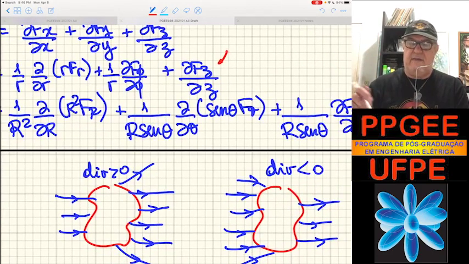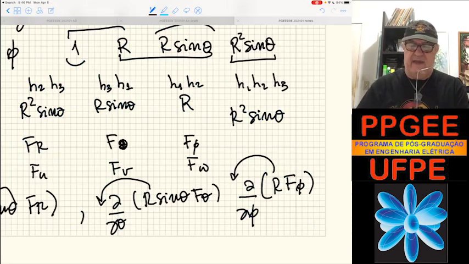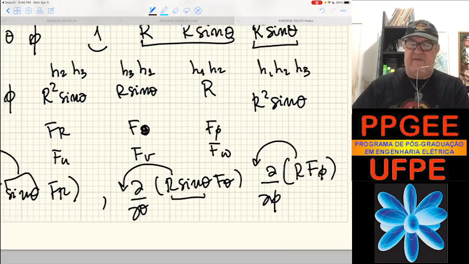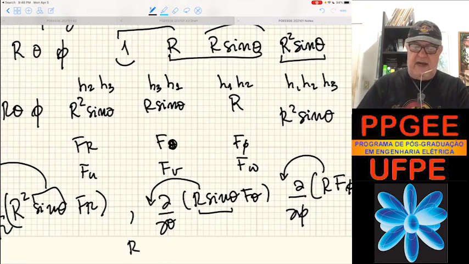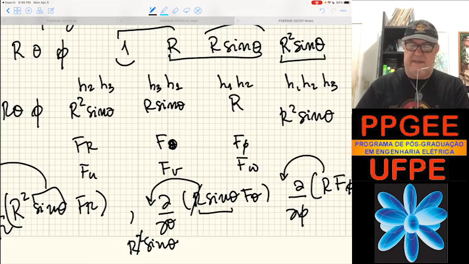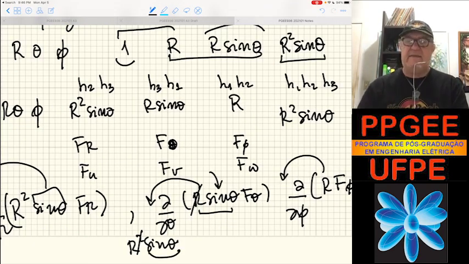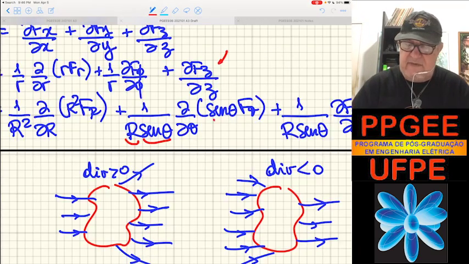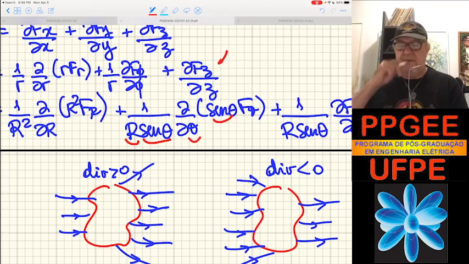The second term, just recalling here, we have R sine theta divided by R squared sine theta. So it's going to be 1 over R, right? Sine theta is back down in the denominator. And this sine theta doesn't come out because the derivative is relative to the theta variable, right?